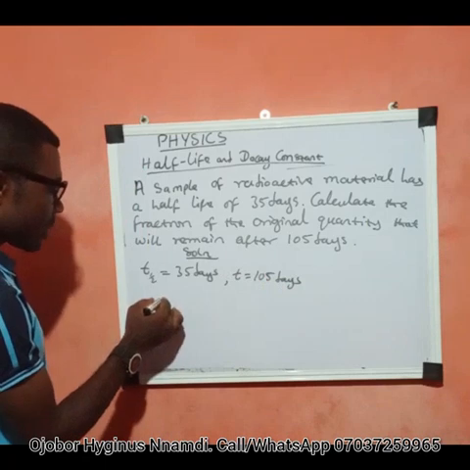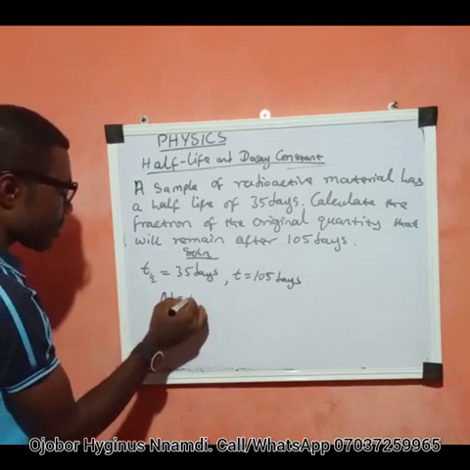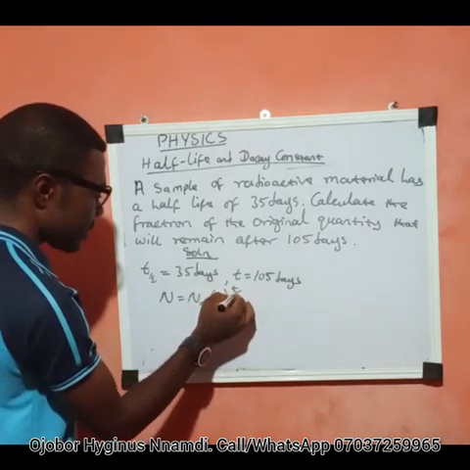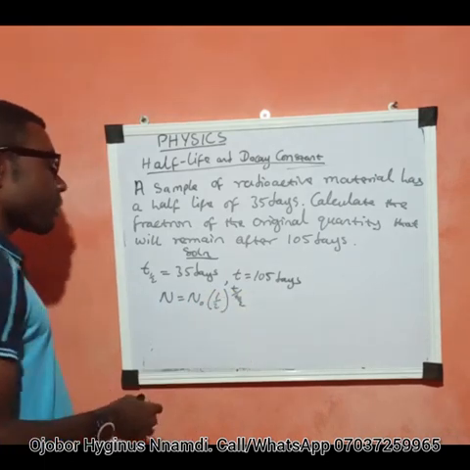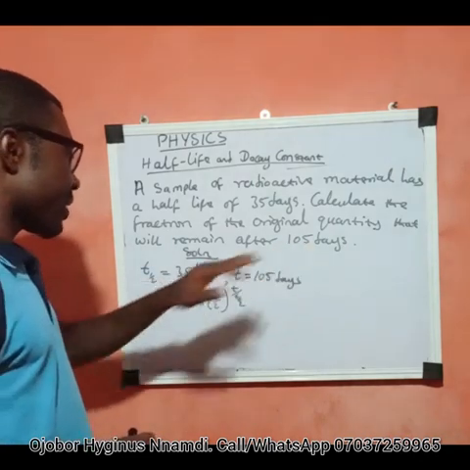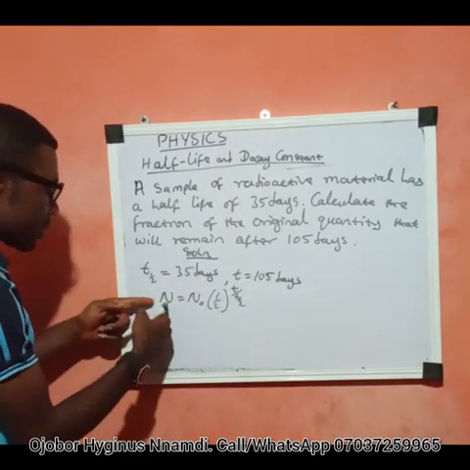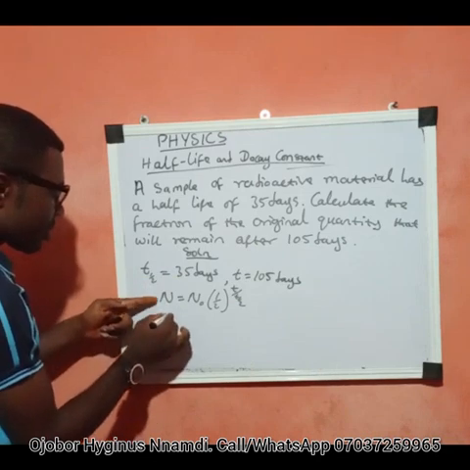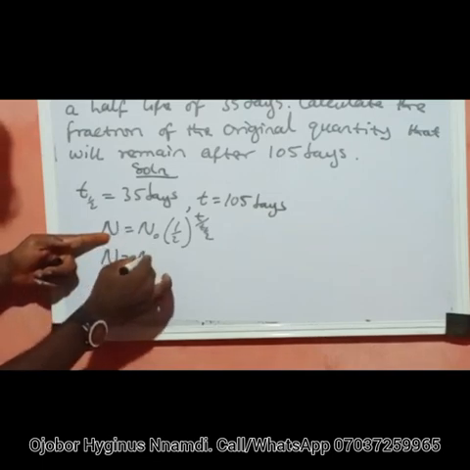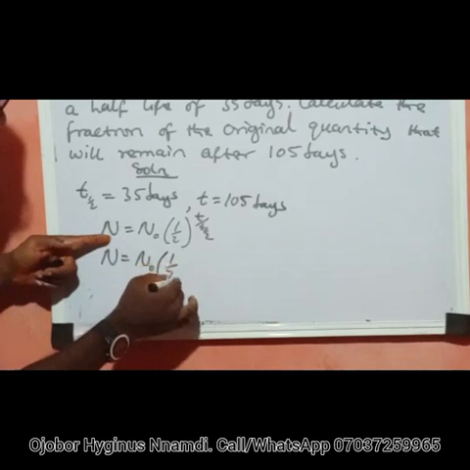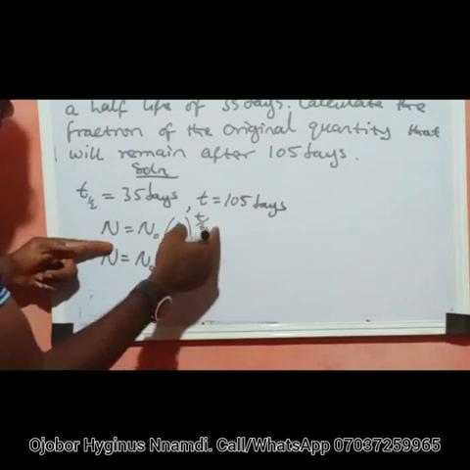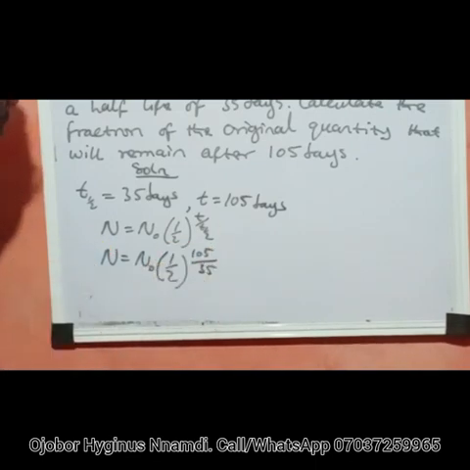First of all, let us use this formula: N equals N naught times 1 over 2 raised to power T over half-life. We are looking for a fraction of the original quantity that will remain after 105 days. This is the quantity that will remain after a certain number of days, and this is the original quantity, N naught. This is 1 over 2, while T is 105 divided by half-life, which is 35.